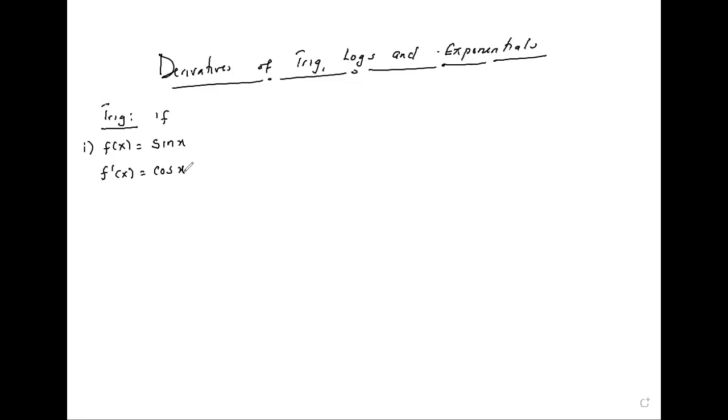So if f of x is equal to sine, say, ax, the derivative is now going to be, you first differentiate the angle ax, you get a, and then multiply by the derivative of sine, which is cos, and then write the angle, which is ax. So we're applying chain rule now on the trig.